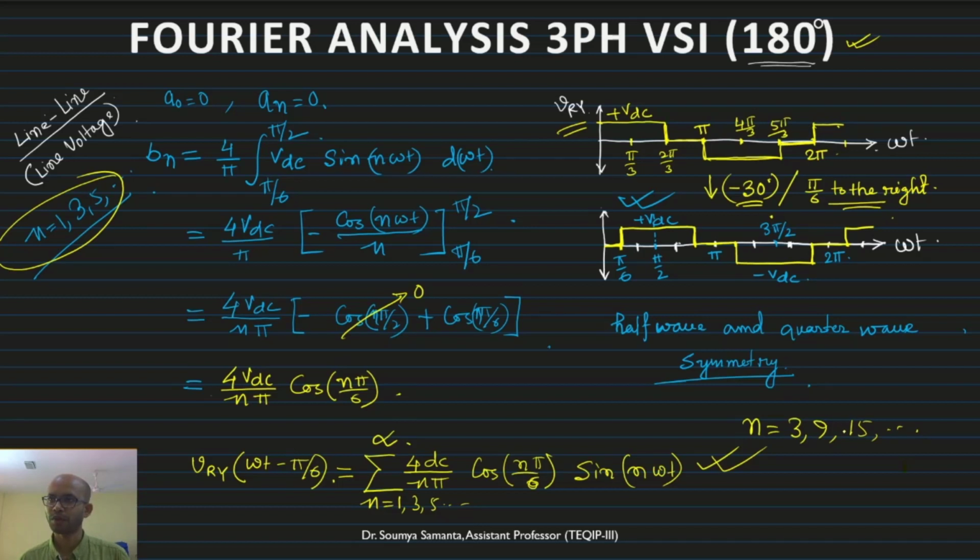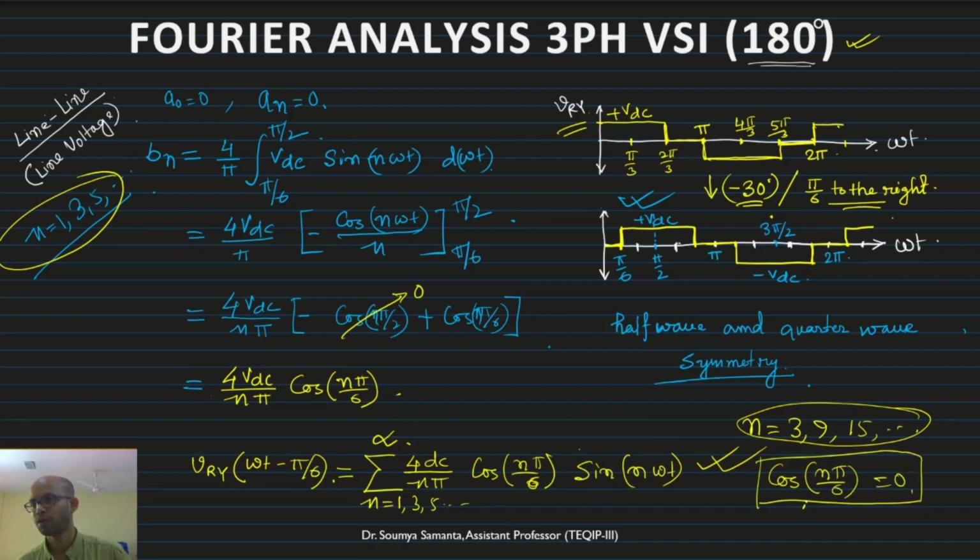If you consider these harmonics, then we will see that for these values of n, cos of n pi by 6 will be 0. Therefore, we can say that the triplen harmonics will be eliminated automatically in this system, so there will not be presence of triplen harmonics.